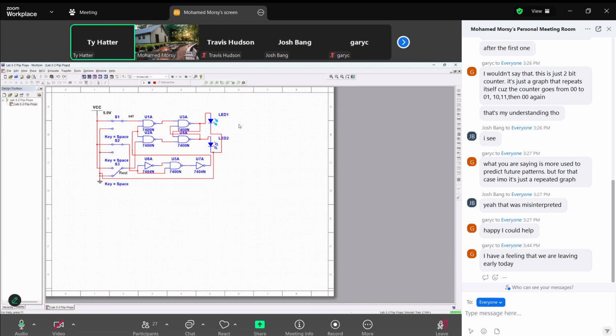Please let me finish, and then you can discuss with me. So it's not the counter. You may be talking about the counter. We will do a lab for the counter.